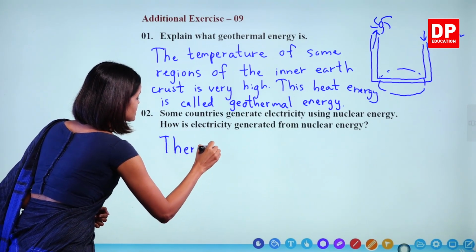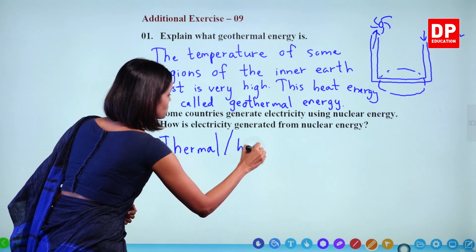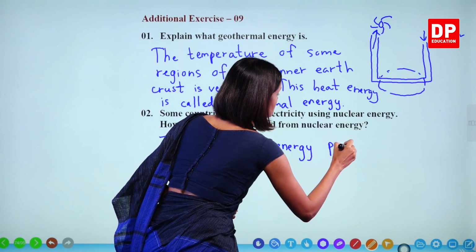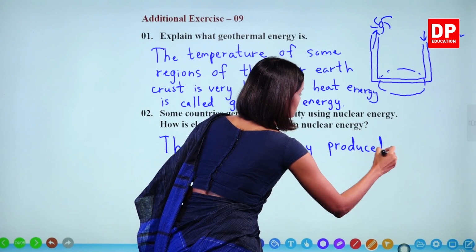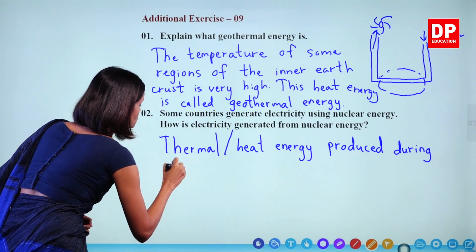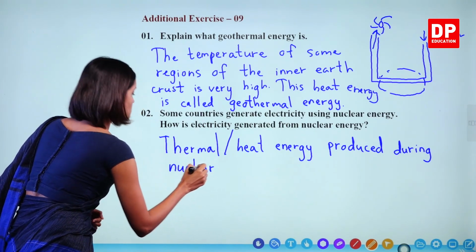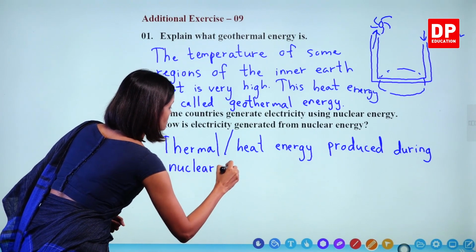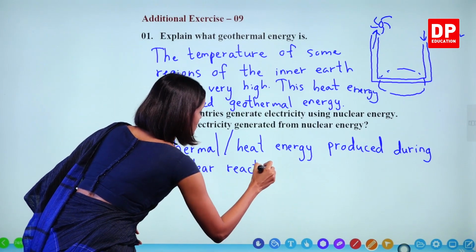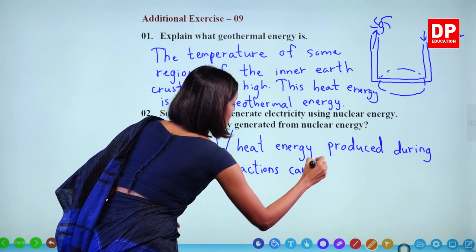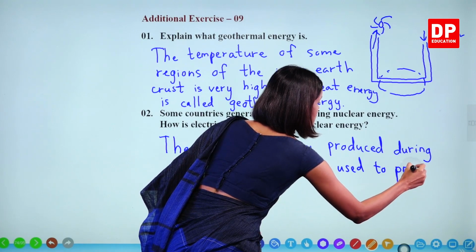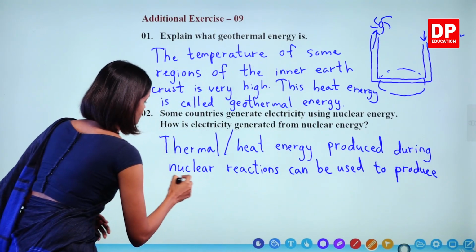Thermal or heat energy produced during nuclear reactions can be used to produce steam.